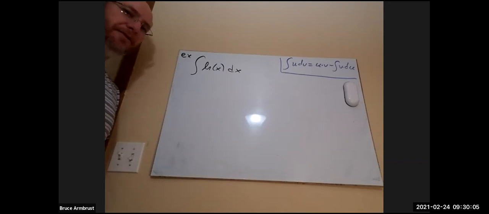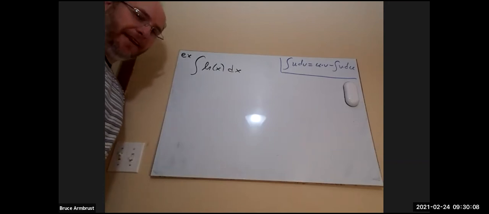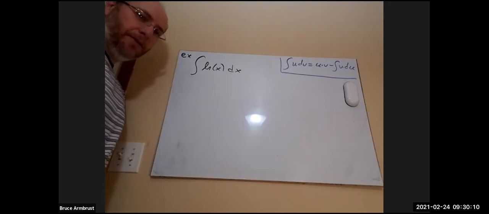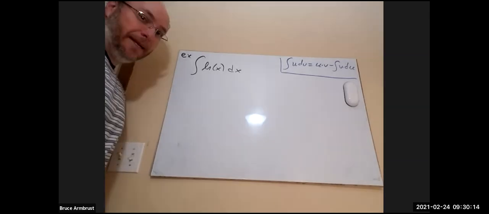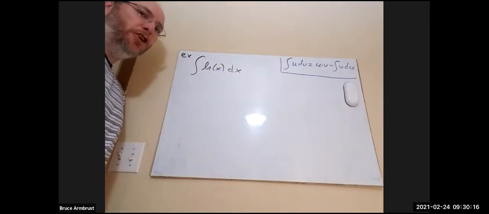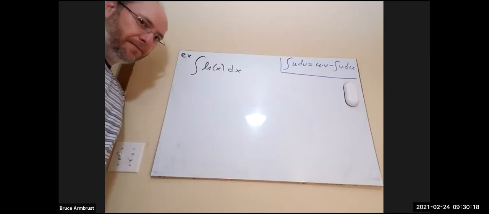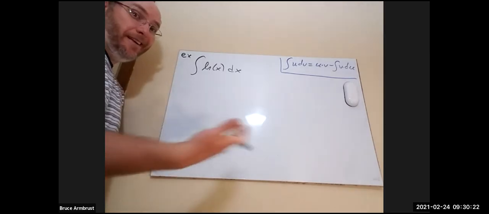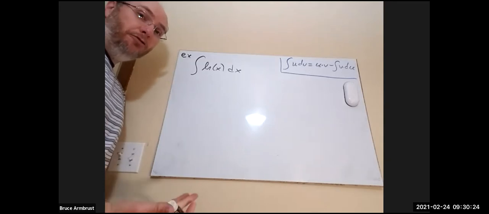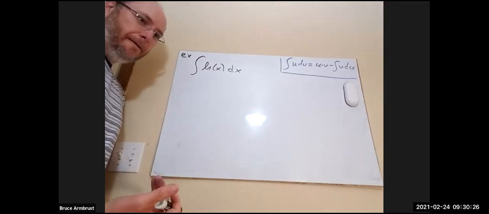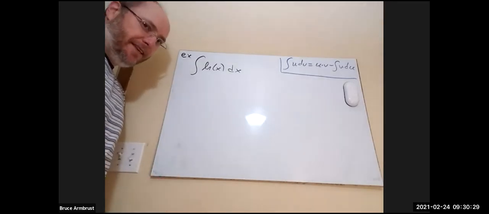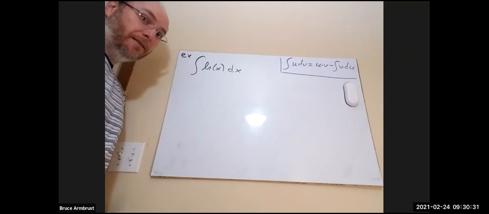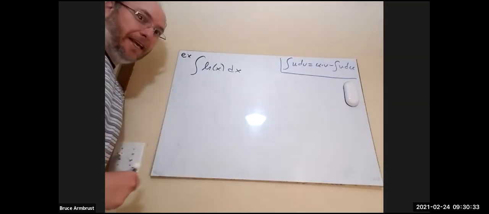So all I want to do is get the integral of natural log. Now we already know what it is. It's x log x minus x, because I just told it to you. I showed you that it worked by differentiating, but I never showed you how you got that. Well, here's how.